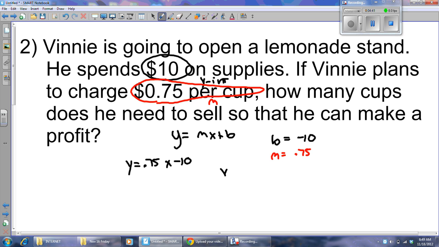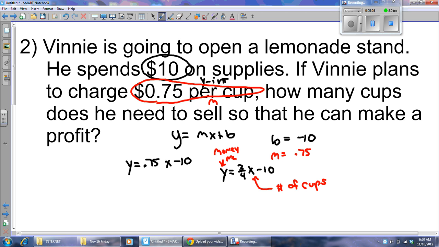Or if you wanted to go with a fraction, because with slope we always like to do fractions, we could have done this. Now, there's a couple ways to think about it. What is x? x is going to be the number of cups that he sells, right? y is going to be the money that he makes.